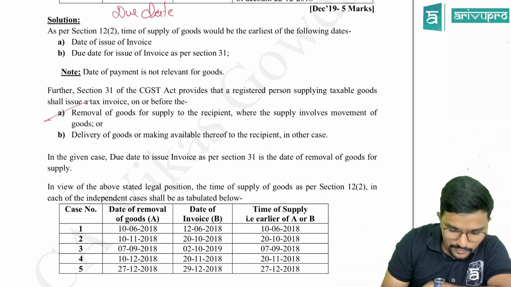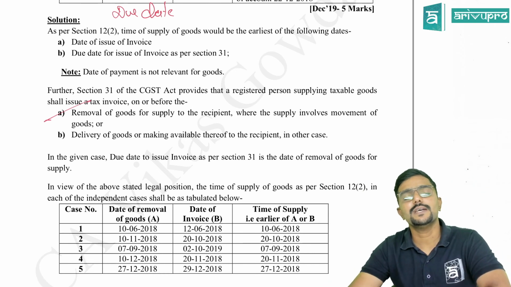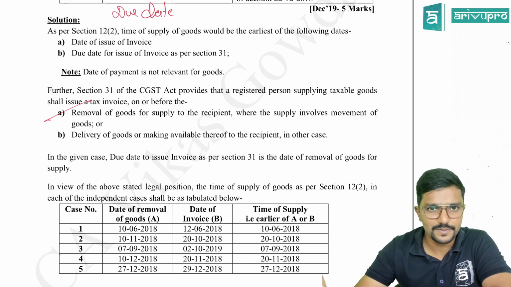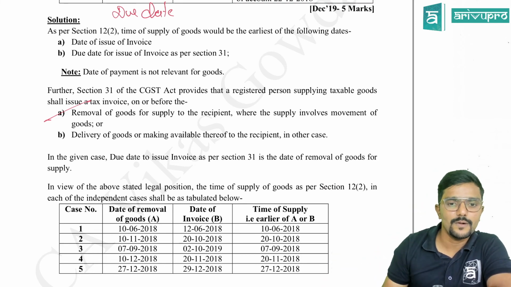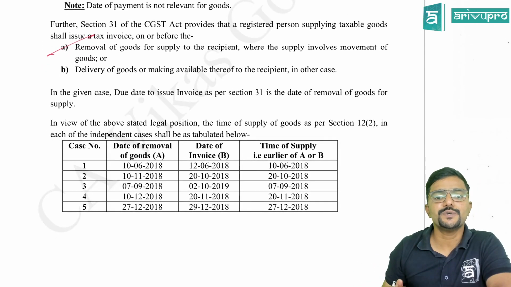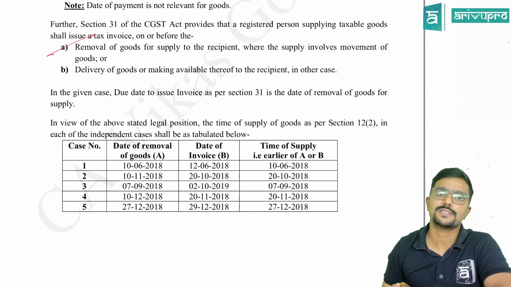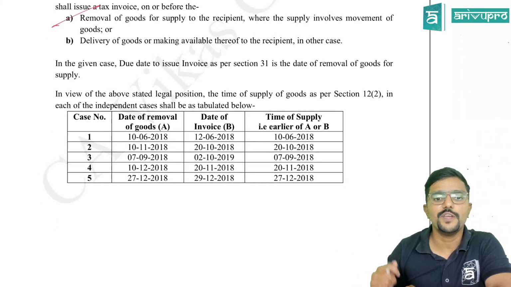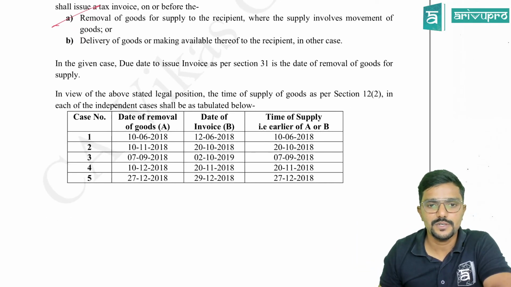So our scenario will fall in the first case because they have clearly given in the question that there is a movement of goods from supplier to recipient. Next, in the given case, the due date to issue invoice as per section 31 is the date of removal of goods for supply.